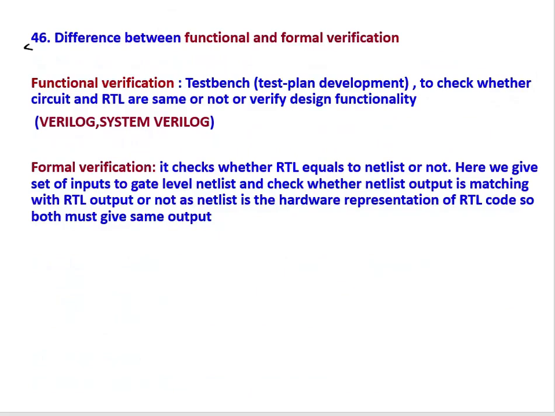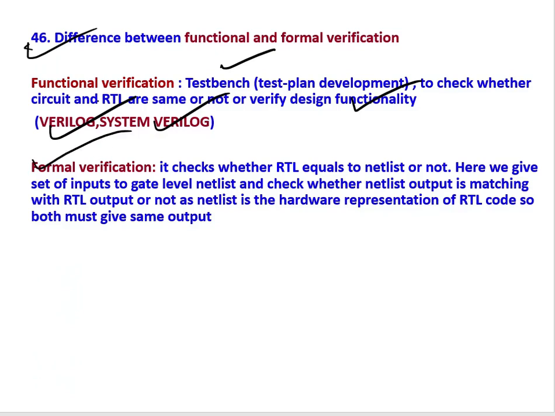Difference between functional and formal verification. Functional verification is writing a test bench to check whether the circuit and RTL are the same or not, or to verify your design functionality using your Verilog or SystemVerilog language. And what is formal verification?